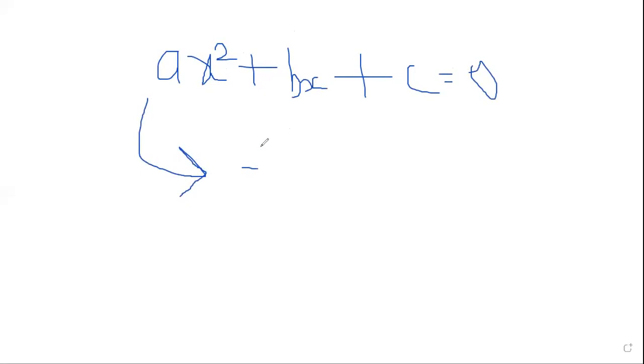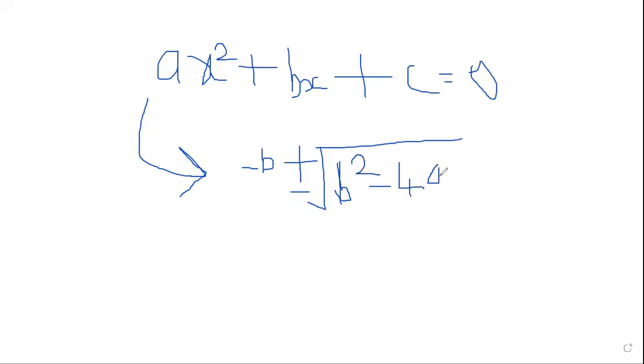To minus b plus or minus the square root of b squared minus 4ac, over 2a. I taught you how to convert this.